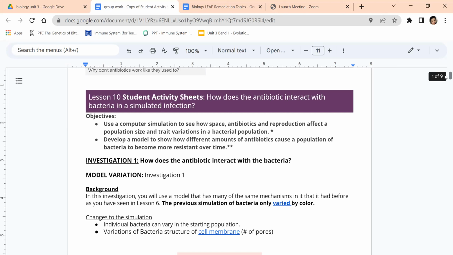In this lesson, we're going to talk about how bacteria are becoming resistant to the medicine that is supposed to kill them. If you'll remember from our lesson where we compared bacteria and viruses, we said that bacteria can be eliminated in most cases with antibiotics.